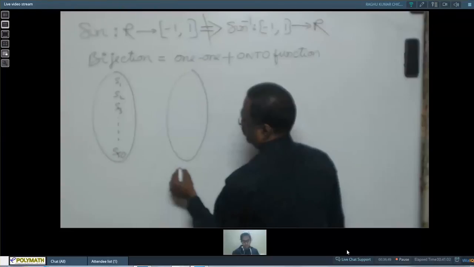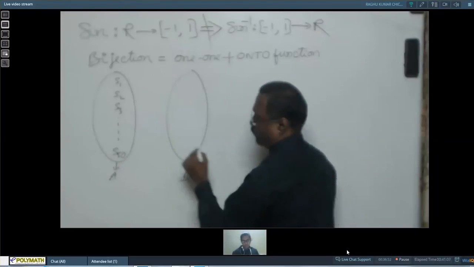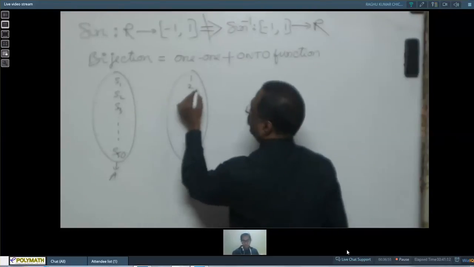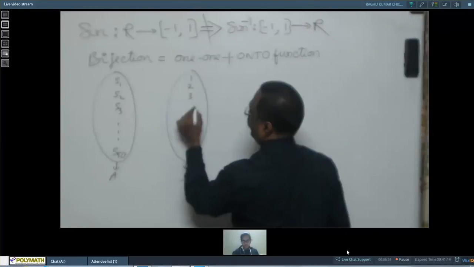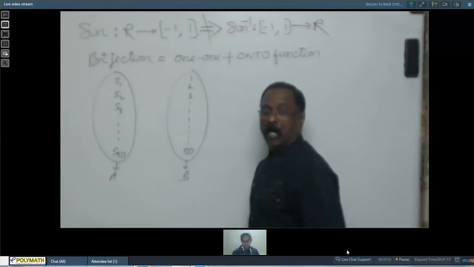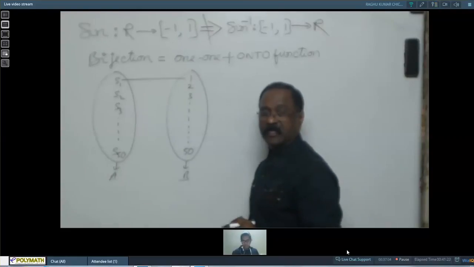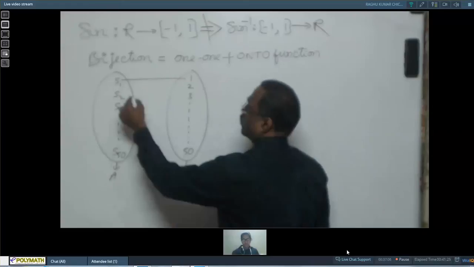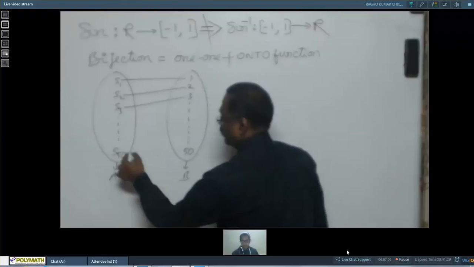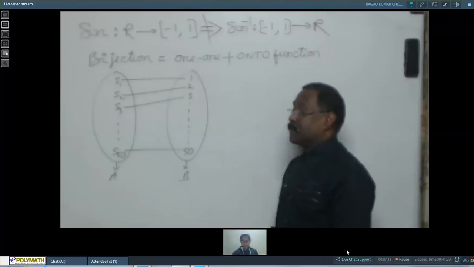This is student set A. This is set B, and let me take their roll numbers as 1, 2, 3, and so on up to 50. Now S1 will map to the first roll number. Let me say, we are taking an example. Student 1 has roll number 1, student 2 has roll number 2, student 3 has roll number 3, and student 50 has roll number 50. Correct. This is a perfect bijection.